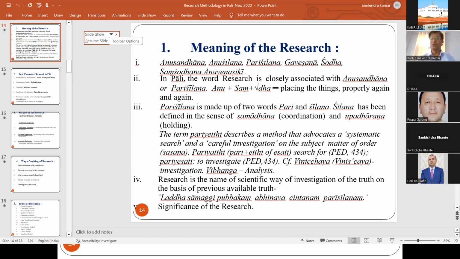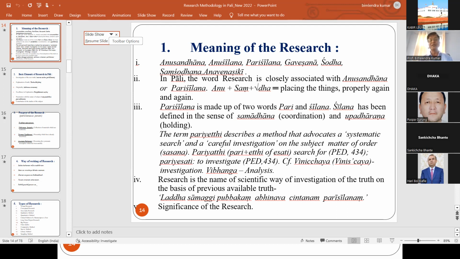And there are four types of vocal actions related with musavada, pisunavacha, parusavacha, and samphappalapa. Making coordination of the three types of physical and the four types of vocal actions is called samadhana. And upadharan is kusalanam dhammanam patitthana vasena adhara bhavoti atho, that is, in the sense of a base for the establishment of the moral dhammas.